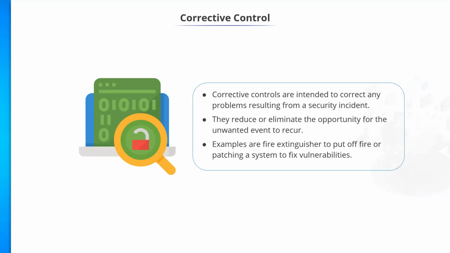That is again a corrective control. Something wrong has happened, an incident was detected, and now you invoke incident management to take care of it. That is again a corrective control: taking actions to correct the problem that has arisen.